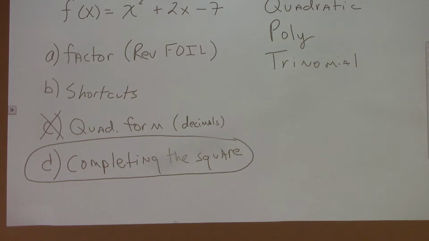Because the quadratic formula relies on what? The calculator. What do you pick up when you use the quadratic formula? The calculator. Why do people not teach completing the square? Because it relies on your basic mathematics skills. And what does that include?